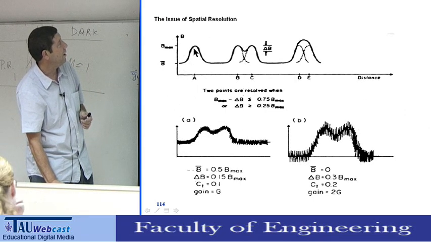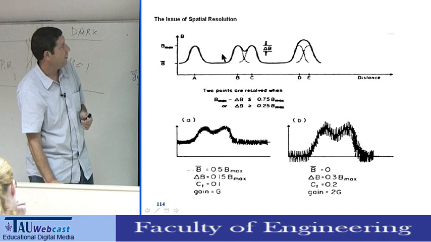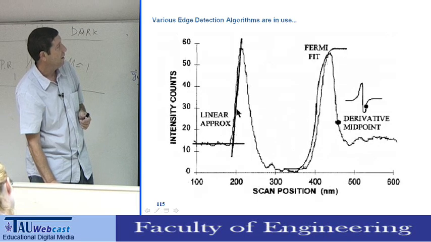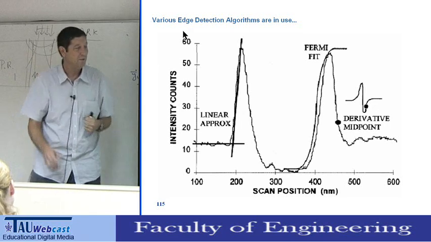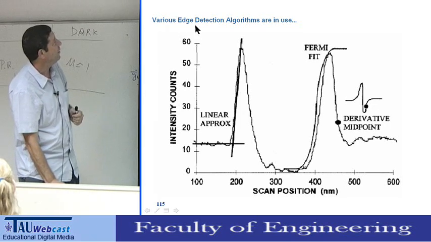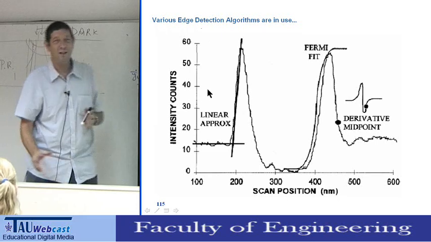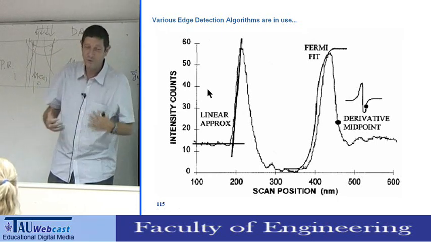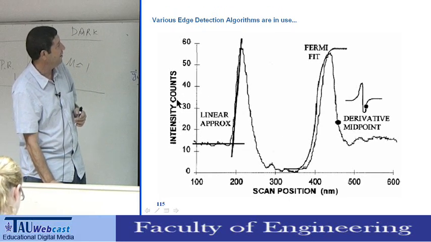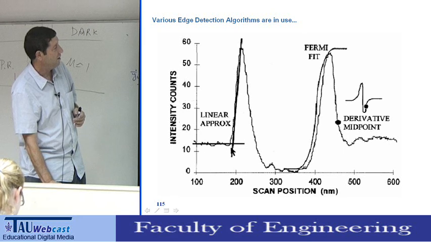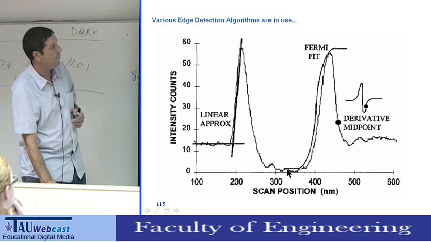Let's say if we have two features which are too close, we can get a SEM signal which looks like this. I went through a few papers describing actual images, and it's a kind of interesting situation. This is the signal, the intensity or counts of the electrons. This is the side of the beam, this is the edge of the line, and for this kind of material, on the top we actually get much fewer electrons.